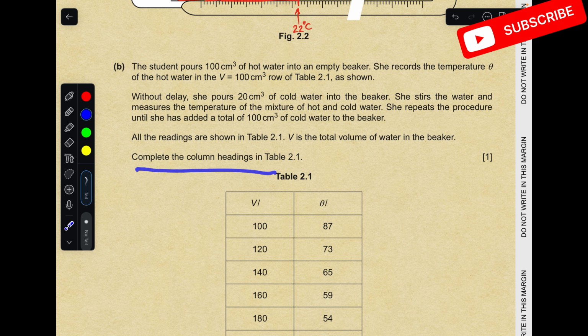So now for the y-axis, we have readings from 49 till 87. This is the range. Okay, so I have to choose. How many boxes do we have? One, two, three, four, five, six. So I can take a gap of 5 or 10.